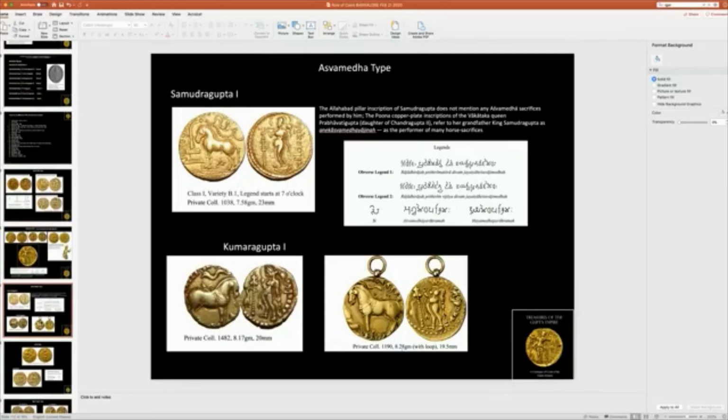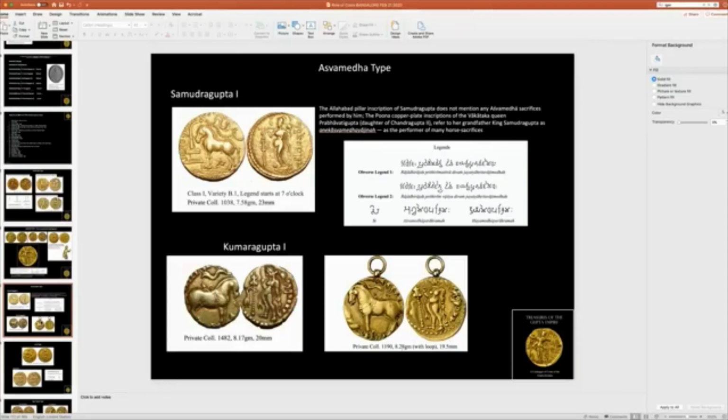This is another coin type issued first by Samudragupta and then later by Kumaragupta. Now, so far, we have not found any Ashvamedha coins issued in gold by any other king, other than Samudragupta I and Kumaragupta I. Now, in the Allahabad pillar inscription, there is no reference to Samudragupta doing any Ashvamedha horse sacrifice.